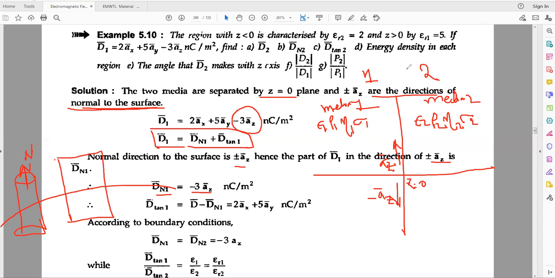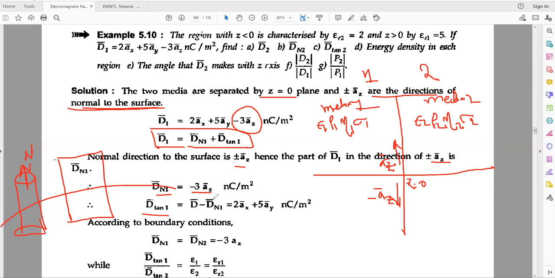The normal component is in the z-axis only. So Dn1 is minus 3 AZ bar nanocoulomb per meter square. Given that D1 has minus 3 AZ bar, from that Dtan1 is equal to D1 bar minus Dn1, that is 2 AX bar plus 5 AY bar.